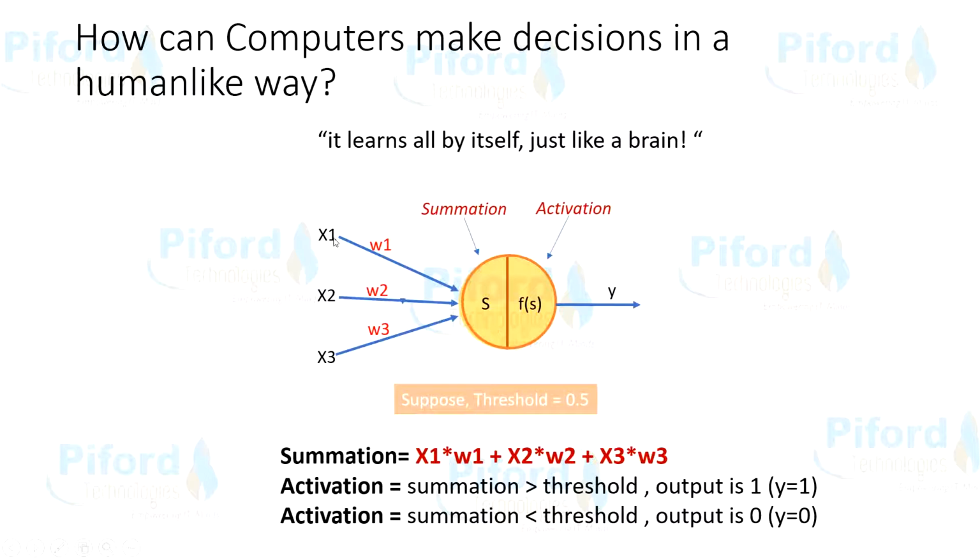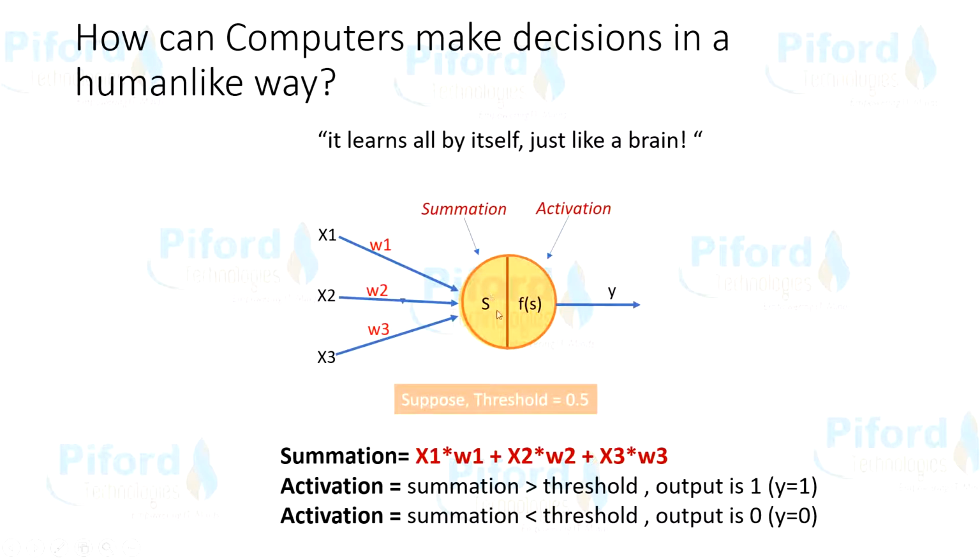You can see here x1, x2, x3 are the three inputs and w1, w2, w3 are the weights associated with the related inputs. So we give x1 times w1 to the summation part of the perceptron, x2 times w2 goes to the summation part, and x3 times w3.